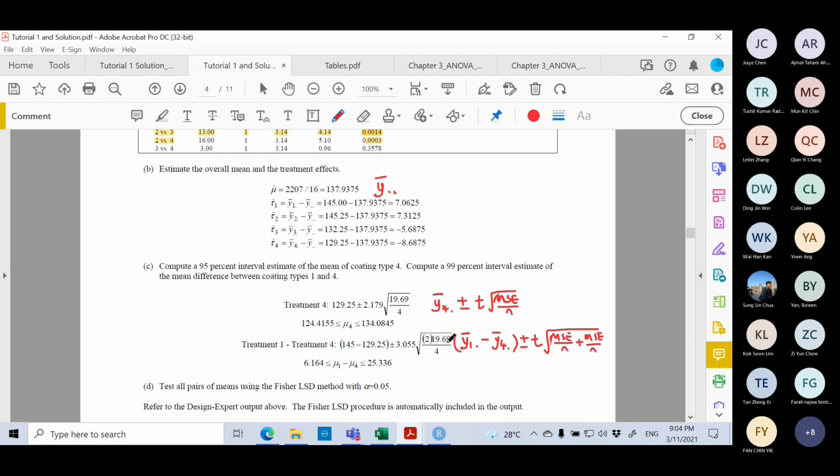So you total these two, and it becomes 2 times MSE divided by n. Okay, in fact, they come from here first. Then you have 2 times MSE divided by n.